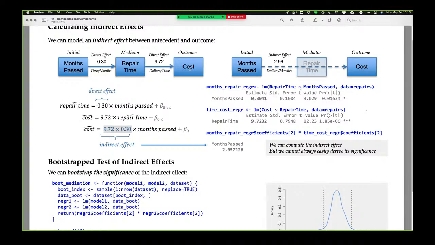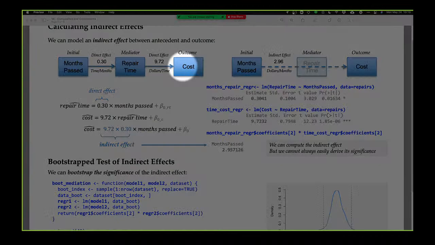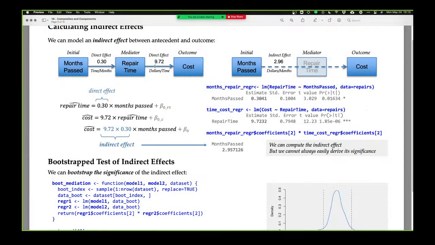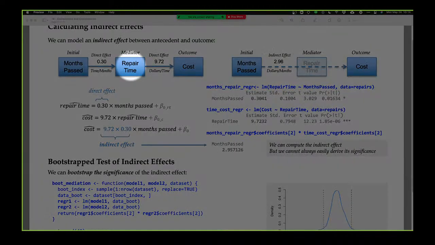The simple statistical explanation of this is cost is affected by repair time by this amount. That's the coefficient that explains it, okay? But repair time is explained by months past by this coefficient.